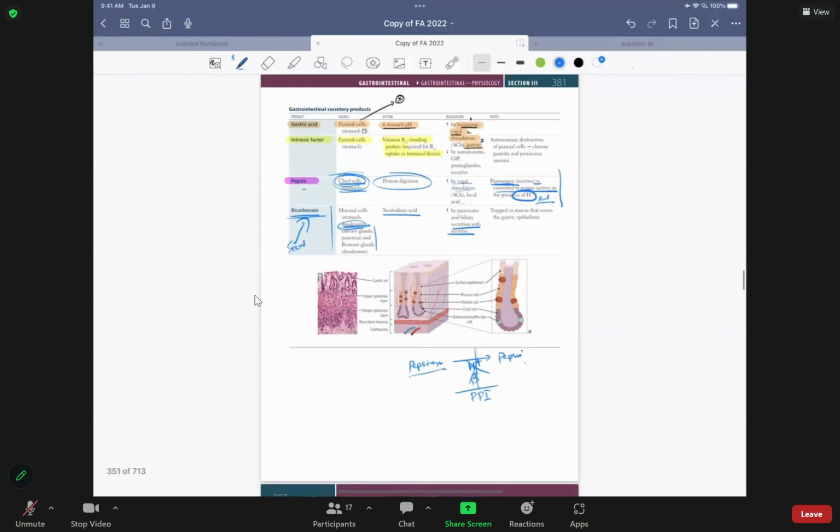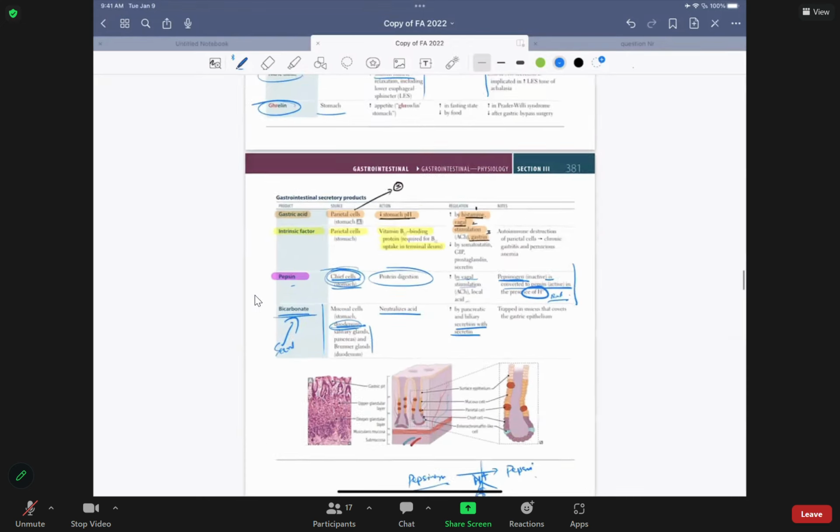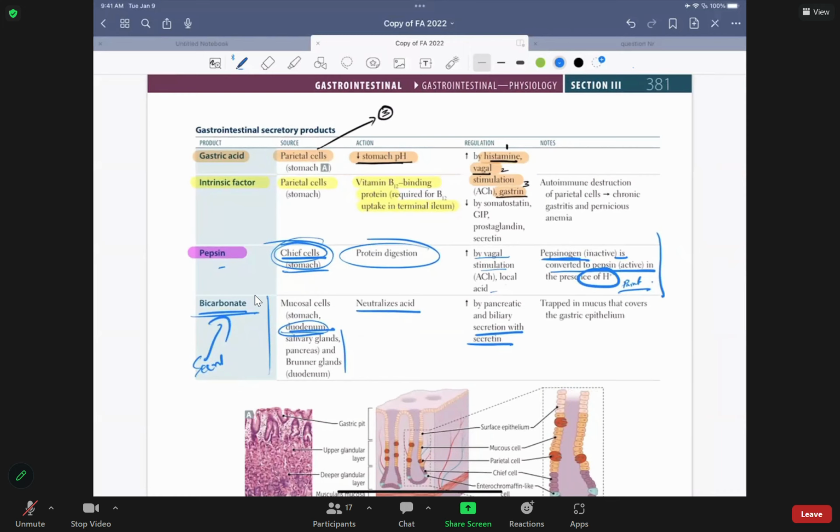Okay, now I have a question. Sorry, if we can go back to pepsin. Pepsinogen is present, and then it converts to pepsin. When they produce it, it's produced as an inactive form. So what is produced first?